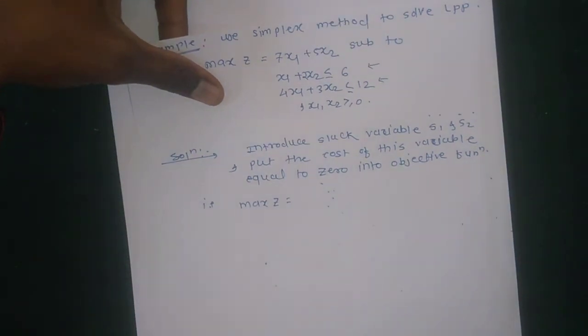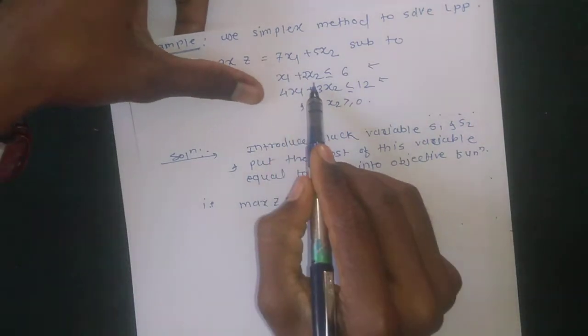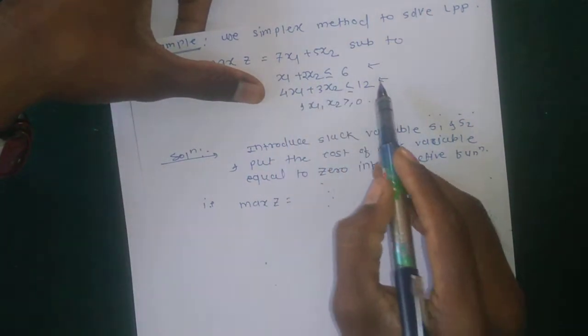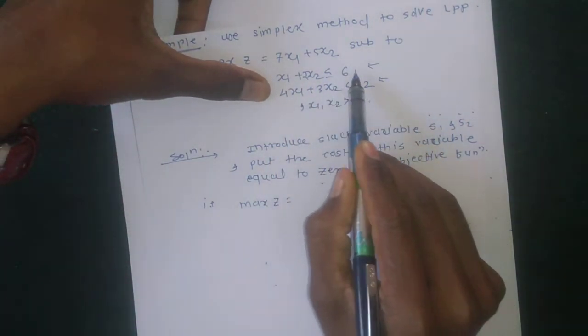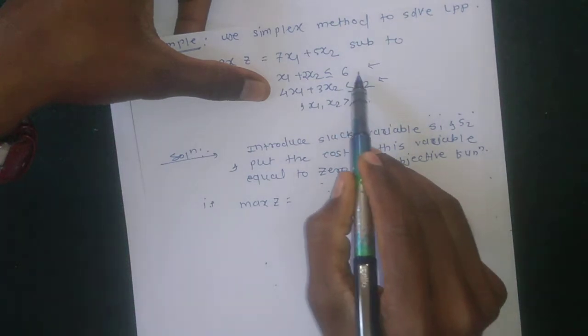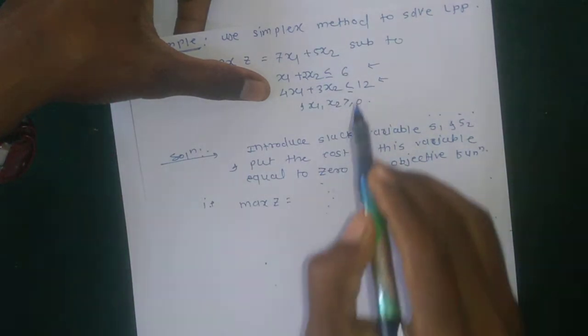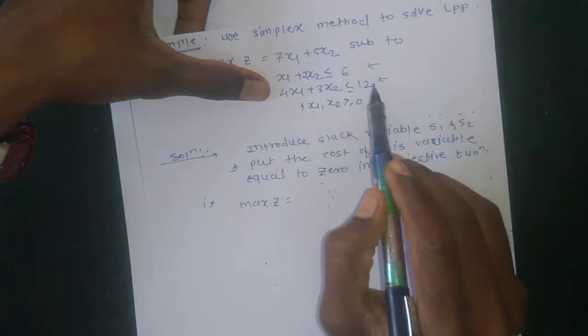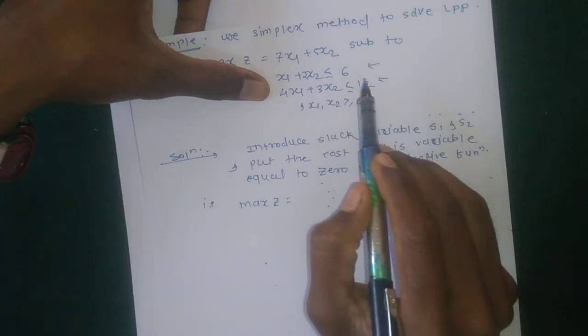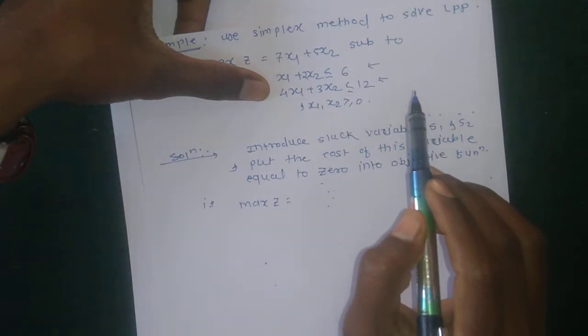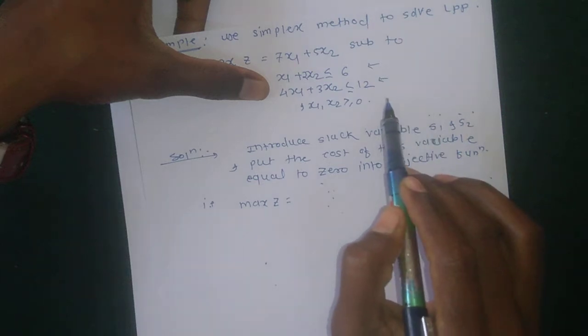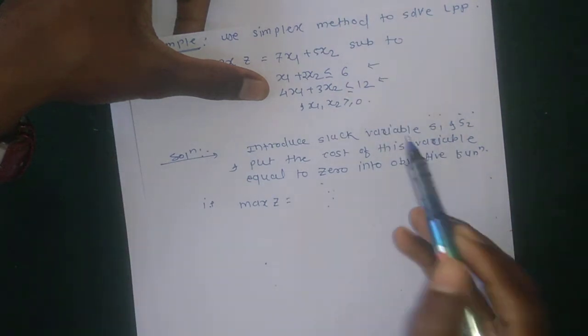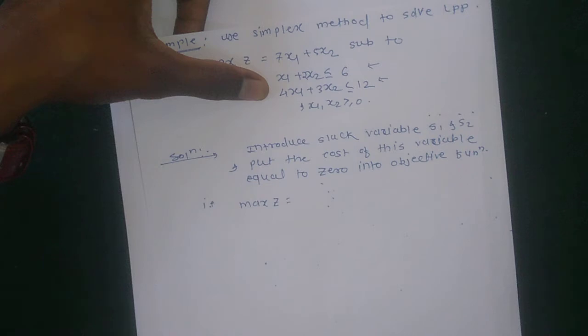The constraint x1 plus 2x2 plus s1 is equal to 6, because this constraint is less than or equal type. If this constraint were greater than or equal type, then we would subtract a surplus variable, with value -1.